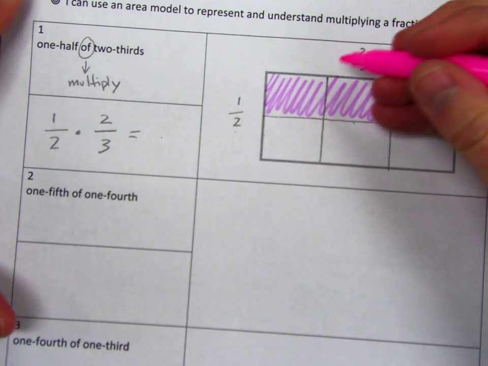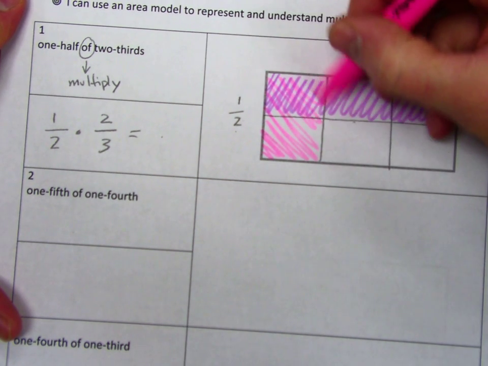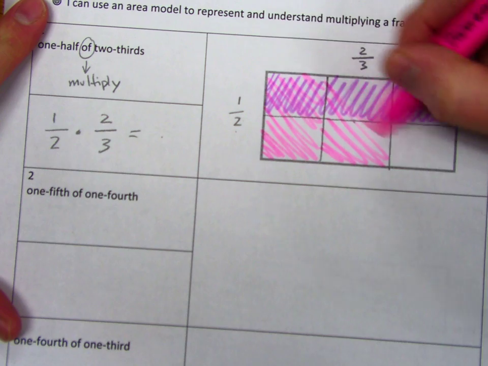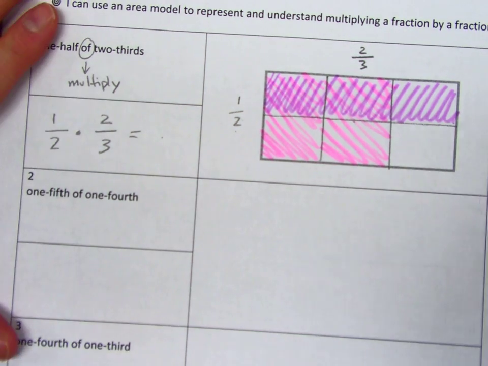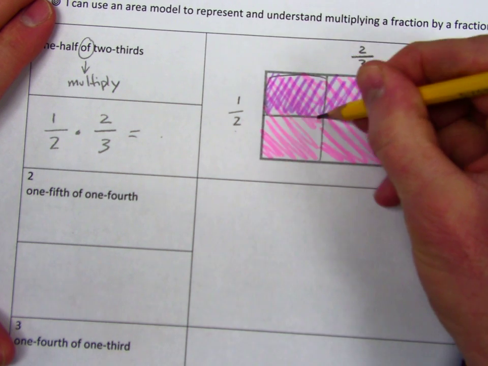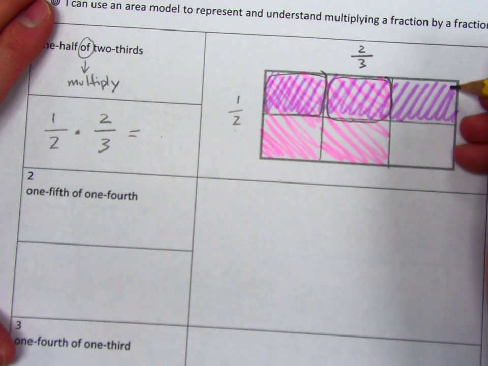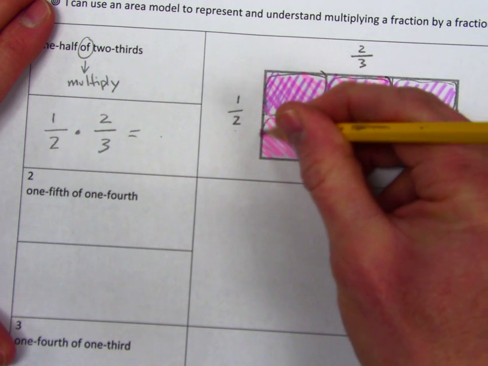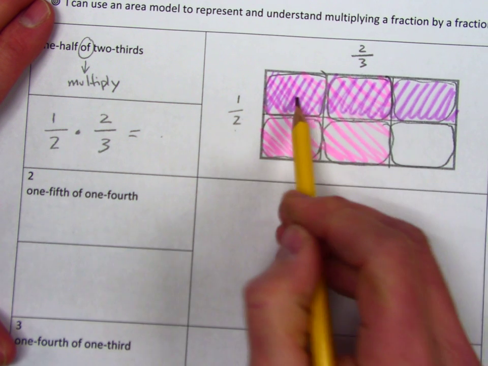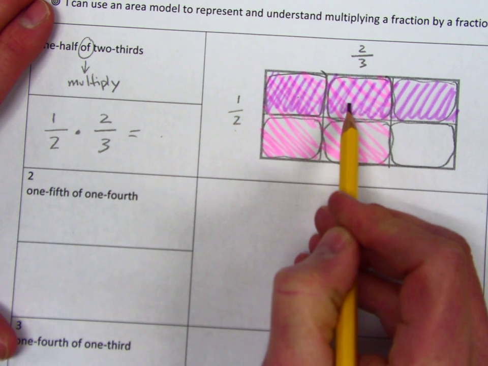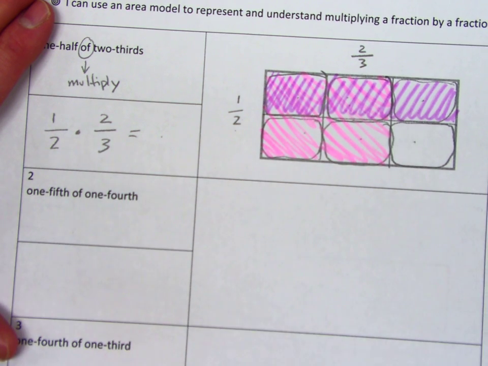So in this case 2/3 would be like coloring like this, and the answer to this problem is going to be represented by the overlap of the 2 colors. So in this case it would be this space here and this space here out of all of the spaces of similar size and shape or similar area. You can see here that I have this space and this space with the overlapping colors, and that represents 2 out of the total 6 spaces inside of this area.